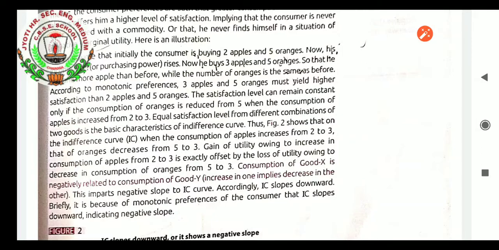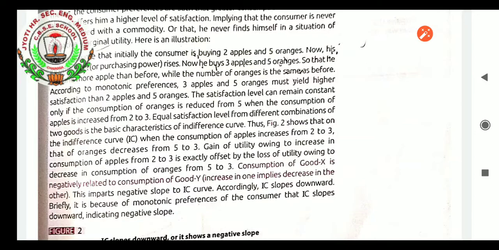3 apples and 5 oranges must yield higher satisfaction than 2 apples and 5 oranges, definitely. The satisfaction level can remain constant only if the consumption of oranges is reduced from 5 when the consumption of apples is increased from 2 to 3. Equal satisfaction from different combinations of two goods is the basic characteristic of an indifference curve.